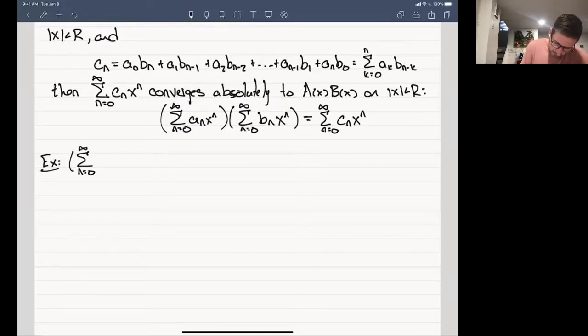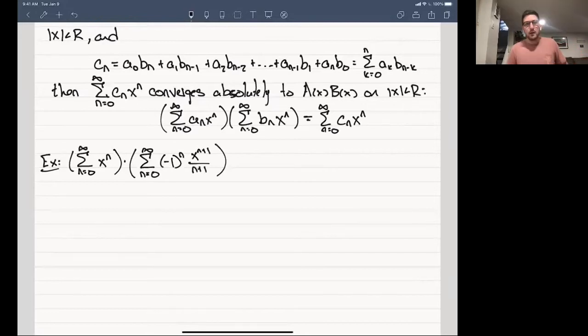Let's take this sequence, our old favorite, just all of the powers of x added together. Let's multiply it by this series, the sum of (-1) to the n, x to the n plus 1 divided by n plus 1. What we typically do is write out the first few terms of these things and multiply those together like they're a usual polynomial.